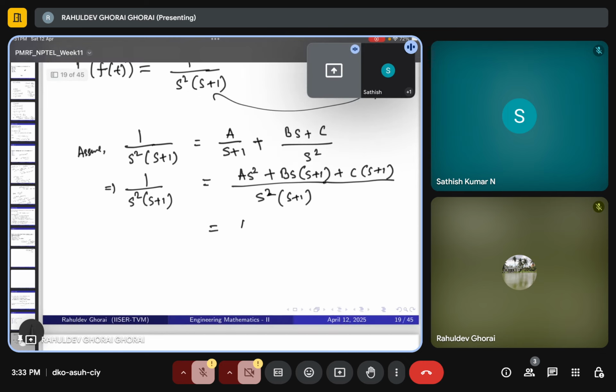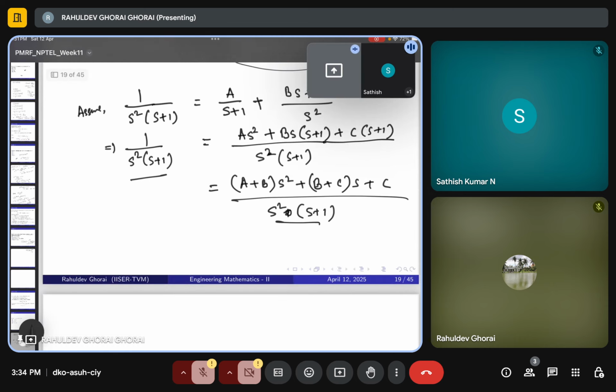This gives a plus b times s square plus b plus c times s plus c, over s square times s plus 1. If you compare these, these two are the same, so denominators have to be the same.